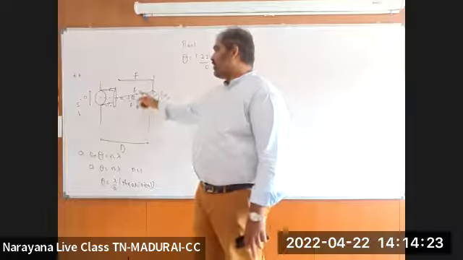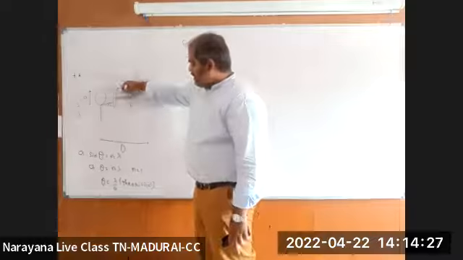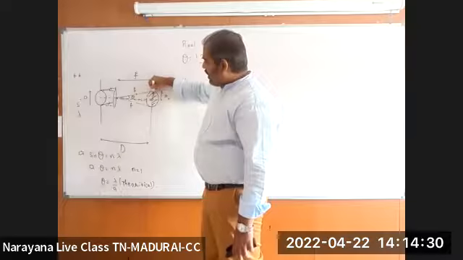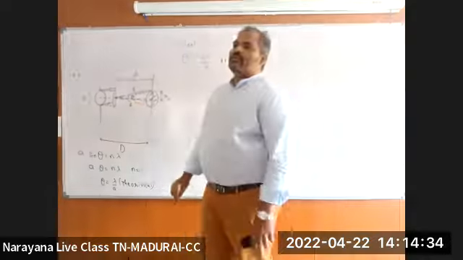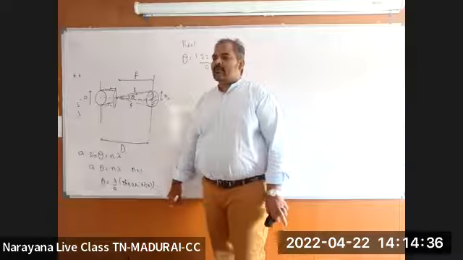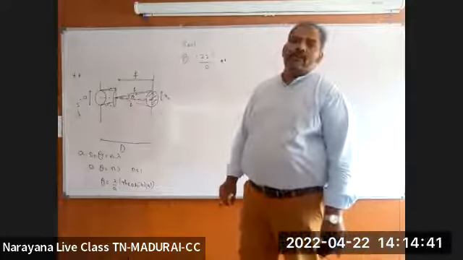R0 equals f into theta. So please concentrate on this arc only. This arc is enough, because we are talking about the angular position theta of that first minima. So don't consider the total lower part; you don't need to.